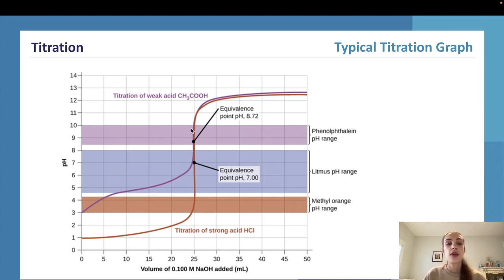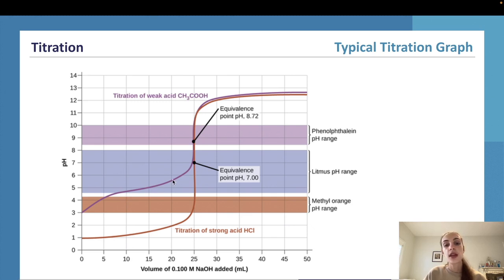Whereas if we have something, for example, like a weak acid with our strong base, we can see that we're starting at a higher pH because it's less acidic. With the addition of the strong base, we have this more pronounced increase in pH due to it being a much stronger base in comparison to the strength of the acid. However, we then see the buffer region at around pH of 5, where we're trying to counteract that change in pH of adding the sodium hydroxide.